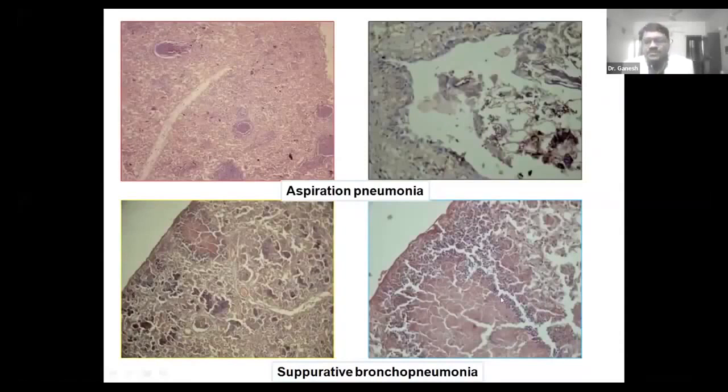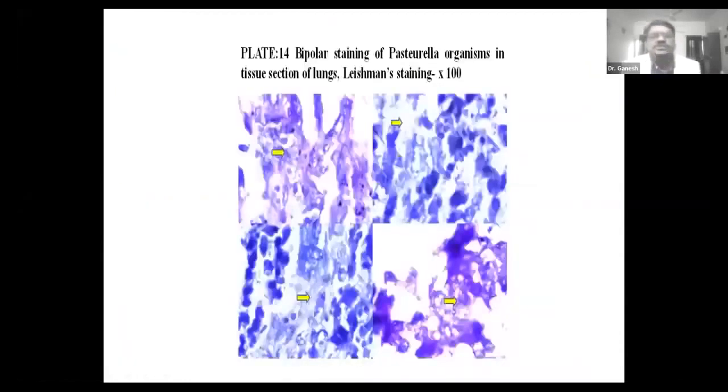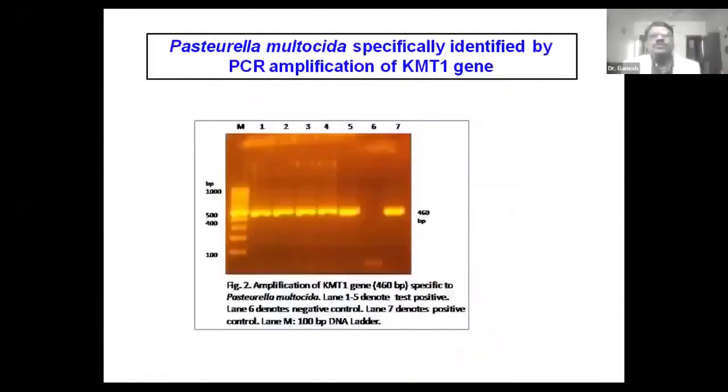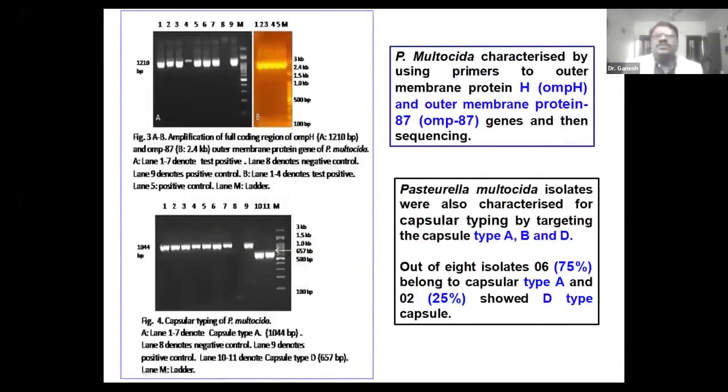These are suppurative foci. On histopathology, we identified bipolar organisms in the lung tissues by special bipolar staining. Then we performed PCR amplification using the KMT1 gene and confirmed Pasteurella multocida. We conducted PCR for further characterization and typing of this Pasteurella multocida using various genes.